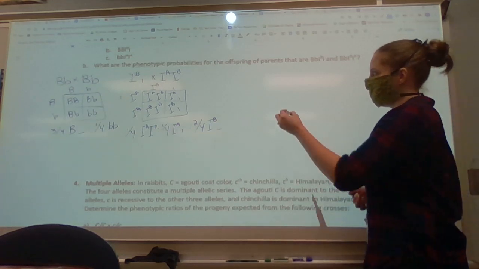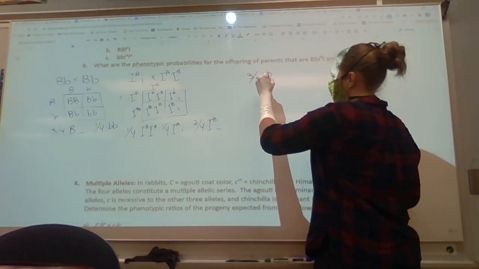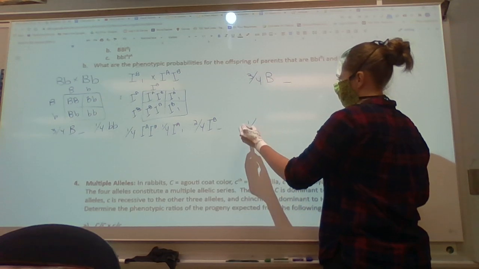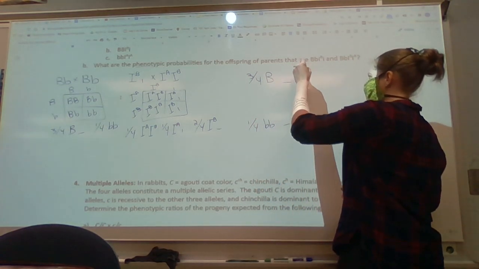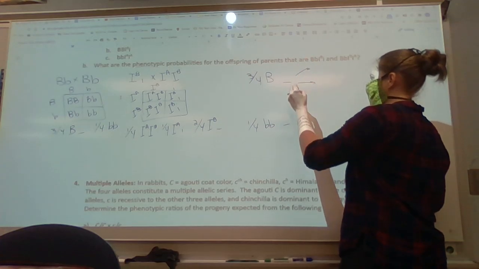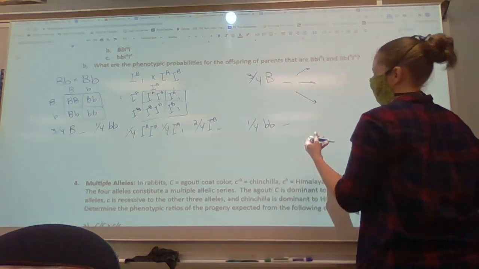So then if we're making a forked-line diagram, right, I can multiply all the possibilities for this cross, all the possibilities for this cross.